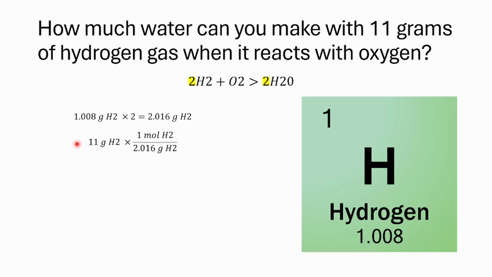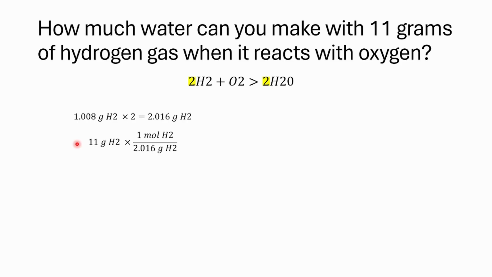Next, now that we're in moles of hydrogen gas, there's something called a ratio. This ratio is the stoichiometric coefficients, which are these numbers that we added before our compounds and elements. We're going from hydrogen gas to water because we want to know how much water you can make with hydrogen gas.